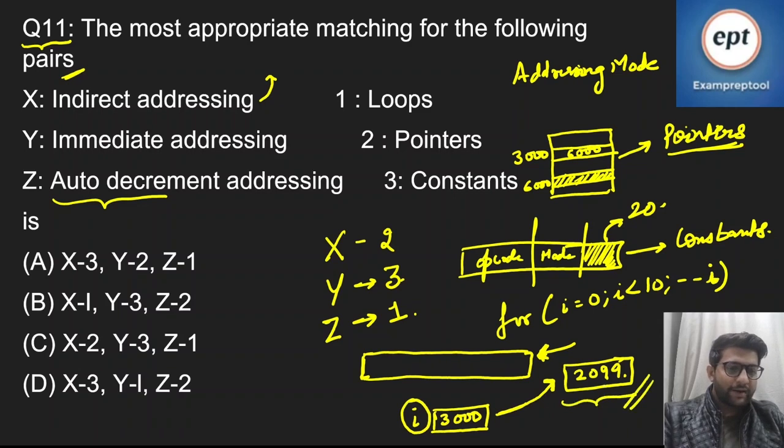This will be done automatically, and the instruction does not need to tell the CPU explicitly to decrement this value. So this is auto decrement addressing. That is why the answer will be x2 y3 z1. So that will be option C.